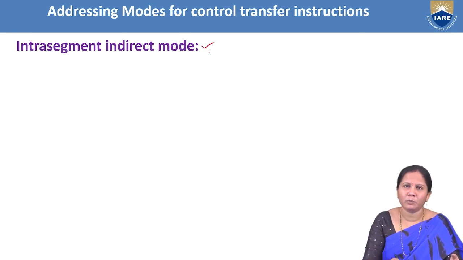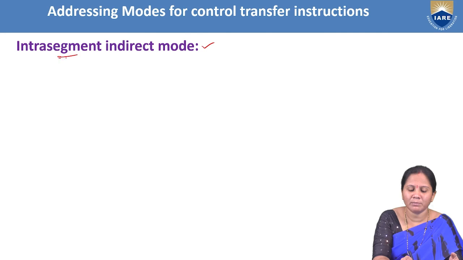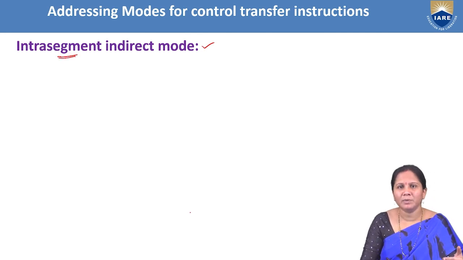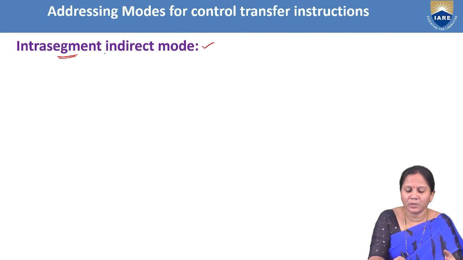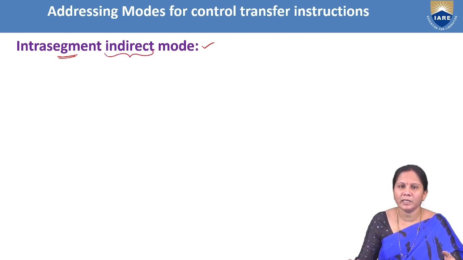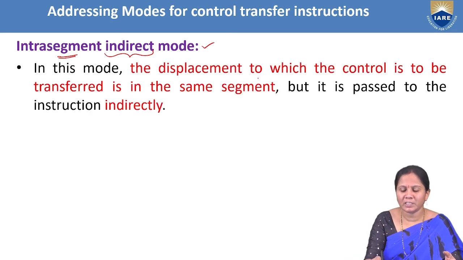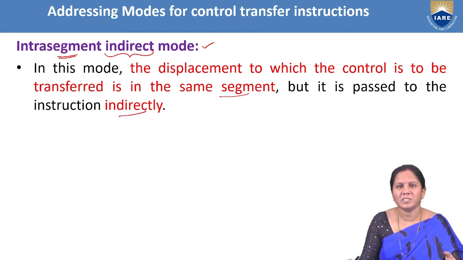intrasegment indirect mode. Here also intrasegment means within the segment, but that address will be specified in the indirect manner. The displacement to which the control is to be transferred will be in the same segment, but that address will be specified in the indirect manner.